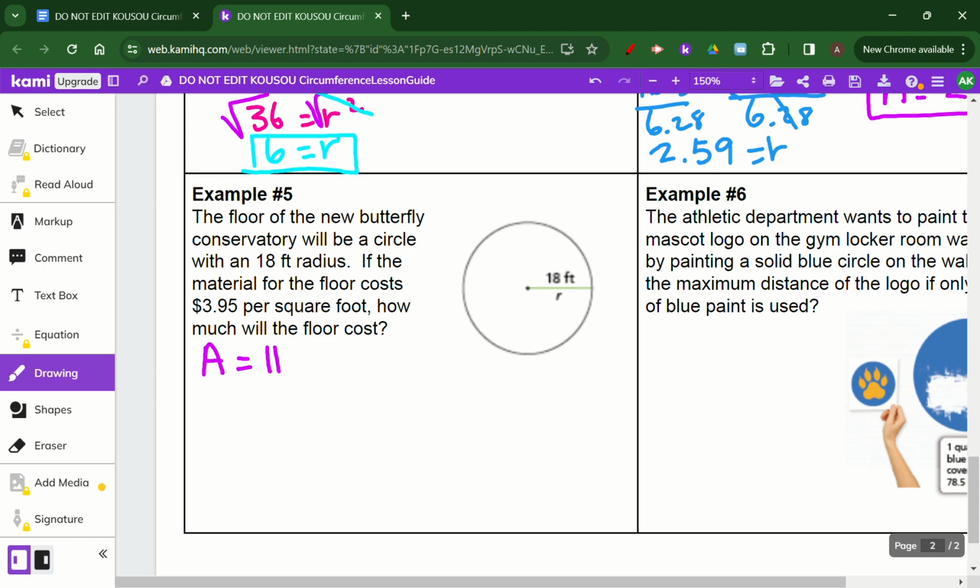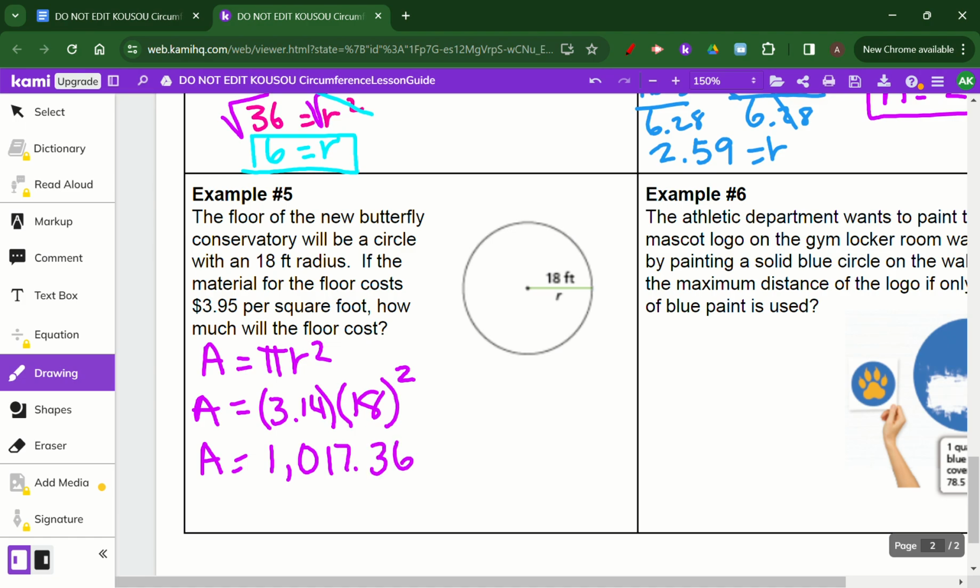Area equals pi r squared. 3.14 times our 18-foot radius squared. I'm going to start by squaring the 18. So 18 times 18 is 324 times 3.14. That gets us 1,017.36 feet squared. That's our area.